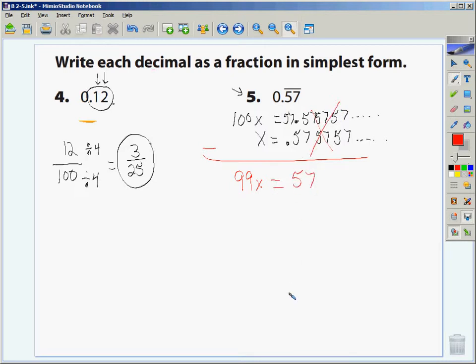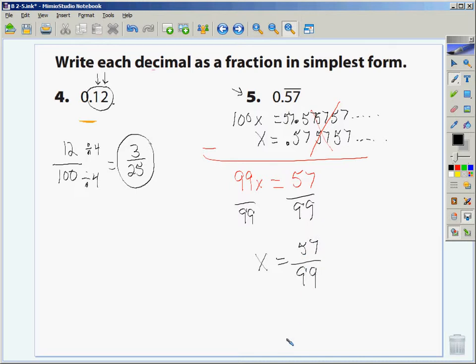That's the reason I multiplied it by 100, is so the part that's behind the decimal would look exactly the same. How would I find the value of x? Divide by 99. Lo and behold, x is now 57 over 99.